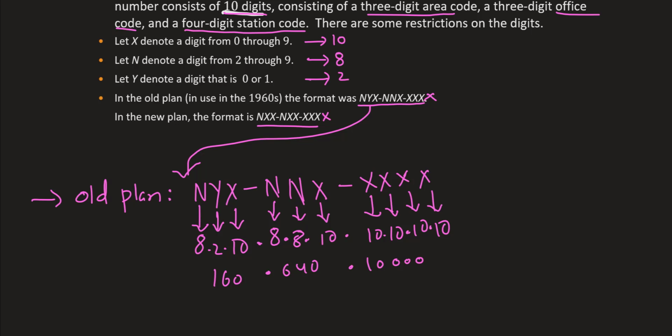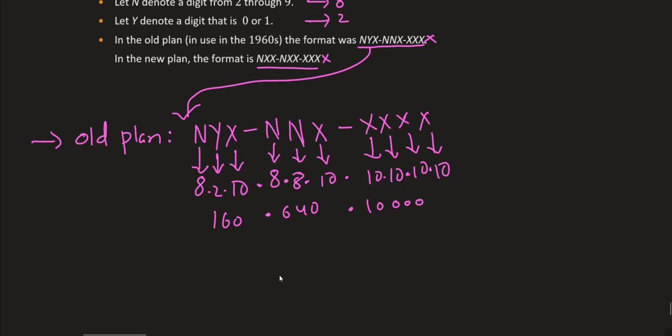And if you look at the total number of telephone numbers that we can generate, it is almost equal to 1024 into 10 raised to power 6. So these many numbers you can generate using the old plan.